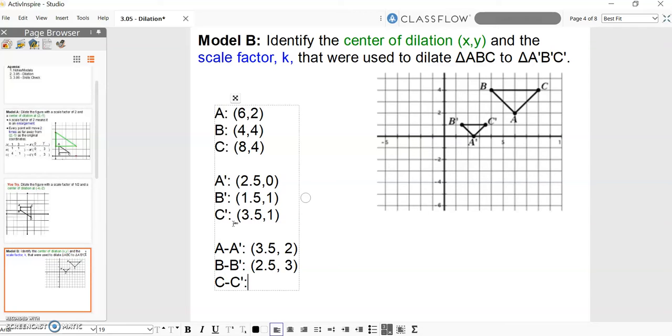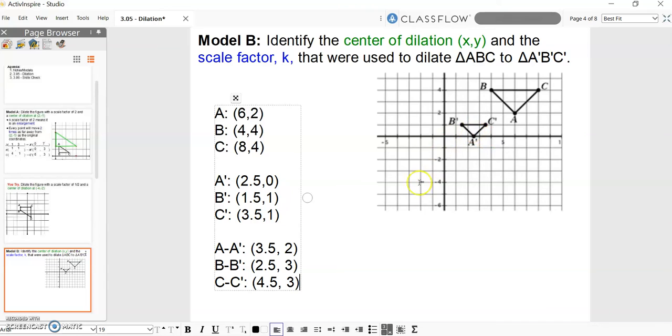Finally, C prime is 4.5 away on the x-axis and 3 away on the y-axis. Just make sure my numbers are right real quick. Yeah, okay, that looks good.